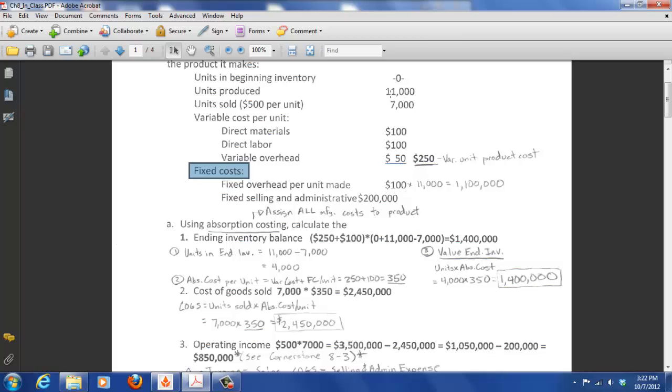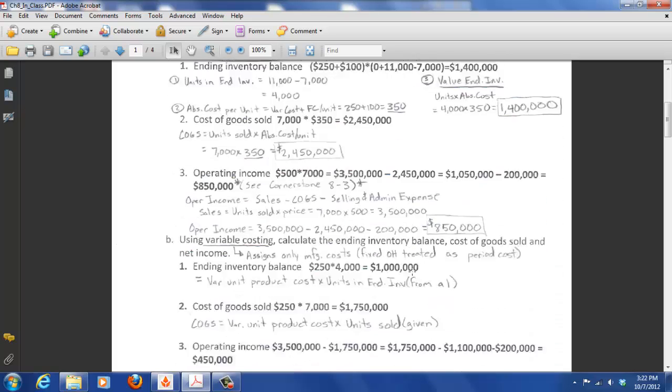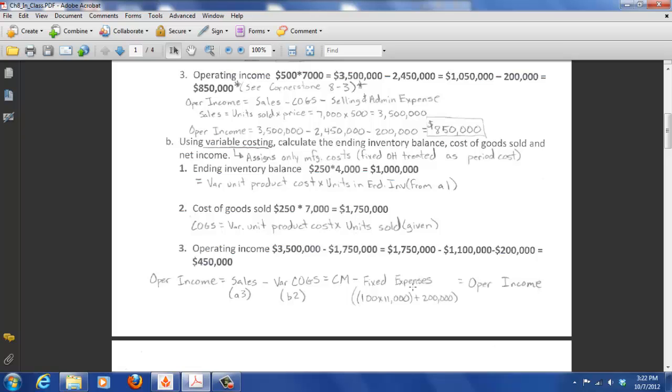We know that we produced 11,000 units, so that calculation gives us 1.1 million. Then we also have the selling and administrative expenses of 200,000. Plugging in these values to subtract out our fixed expenses, we see that our operating income is 450,000 using variable costing versus the 850,000 that we had using absorption costing.